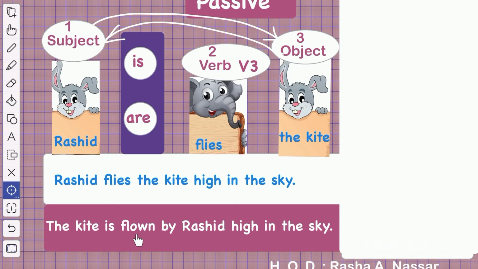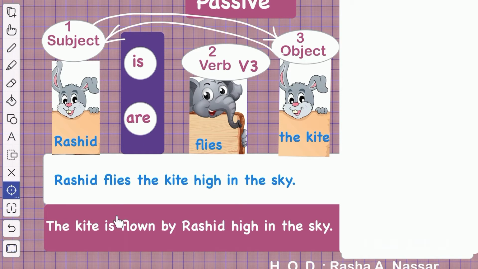So step number 1 is beginning the sentence with the object, the word number 3, and then we will choose is or are according to the object. If the object is singular, we will choose is. If the object is plural, we will choose are.